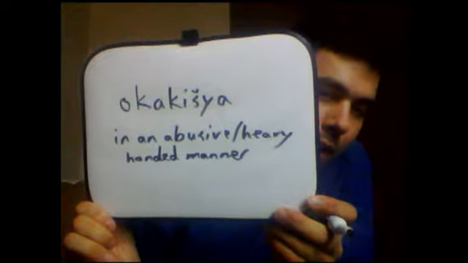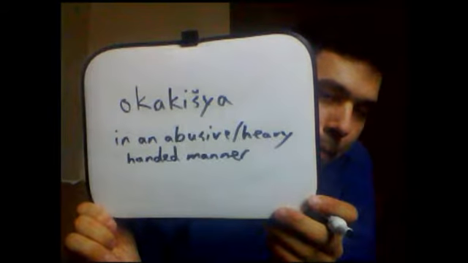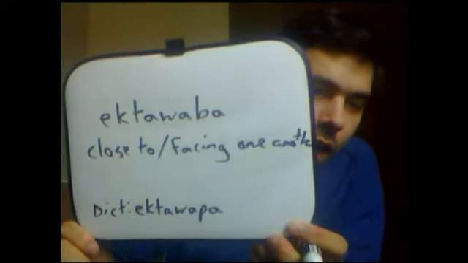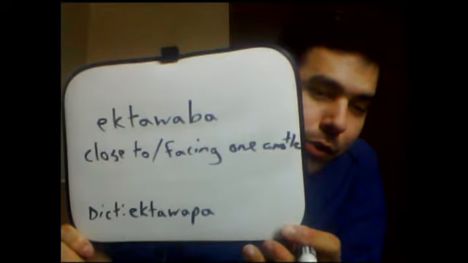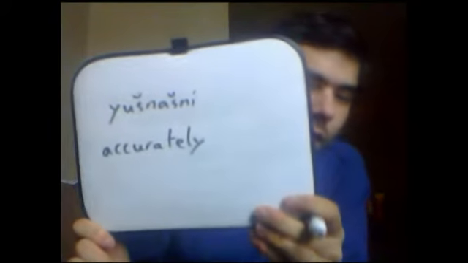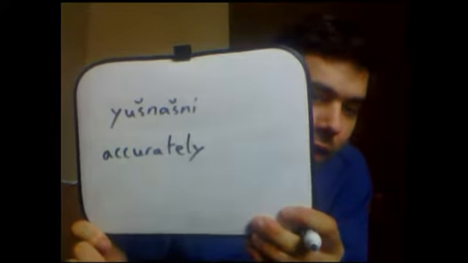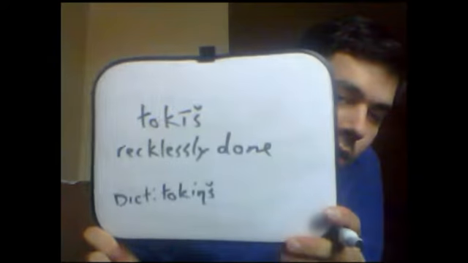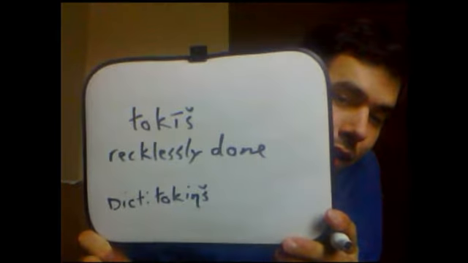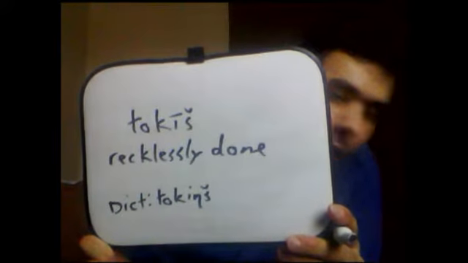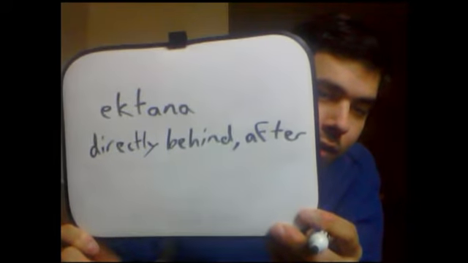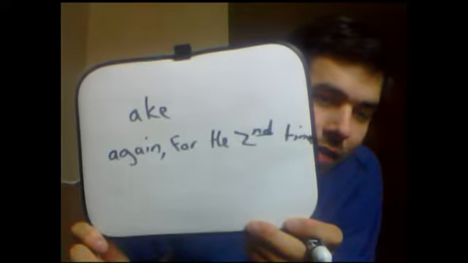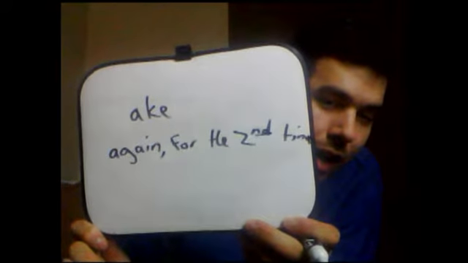Okakishia, in an abusive or very harsh, heavy-handed manner. Ektawaba, close to and facing one another. Yushnashni, accurately. Yuhipayela, nearby. Tokish, recklessly done or done wrong. Ektana, directly behind or right after. Ake, again or for the second time.